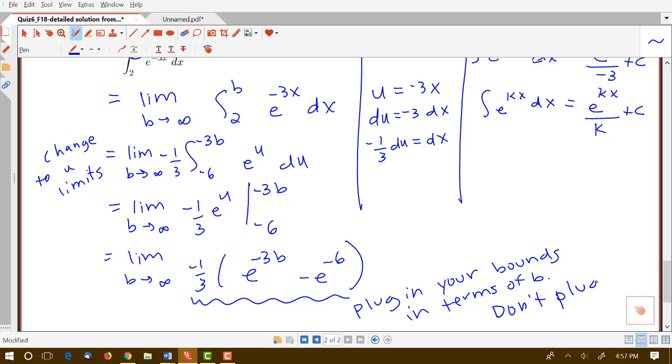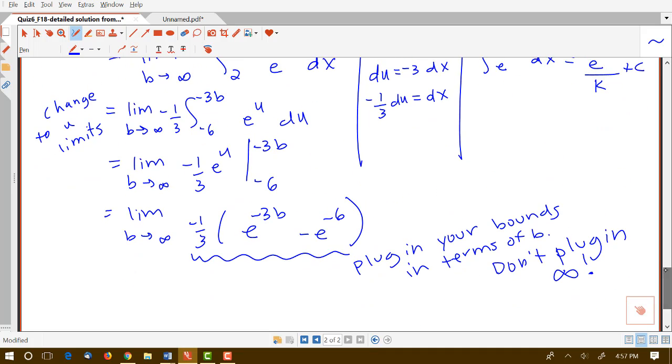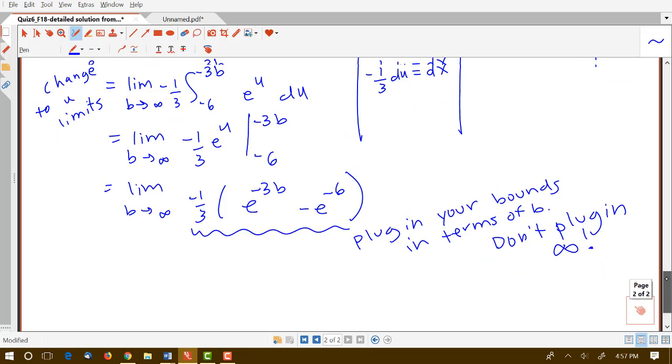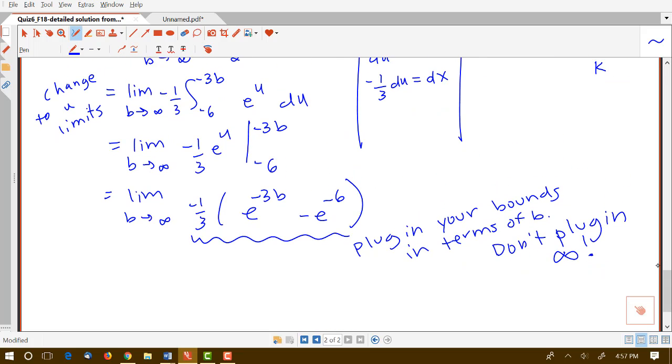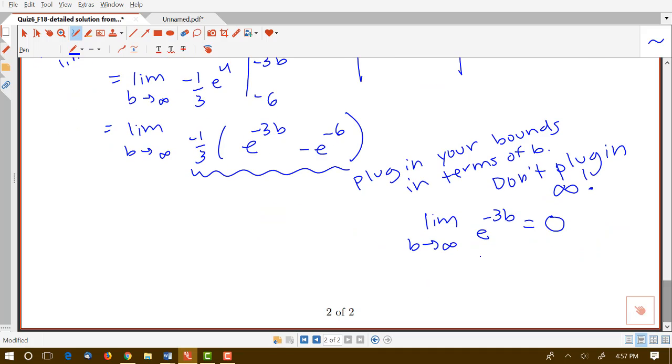And in the previous problem, we shouldn't be plugging in 2 anywhere. The whole issue with why something is improper is that I can't plug in that number. I have to think about a limit of what happens as I approach that value. Here, notice that as b goes to infinity, e to the negative 3b is going to 0, because e to the negative 3b is like 1 over e to the positive 3b.